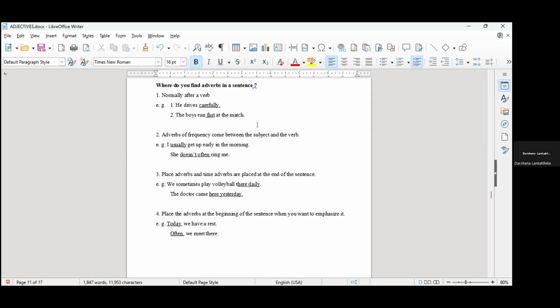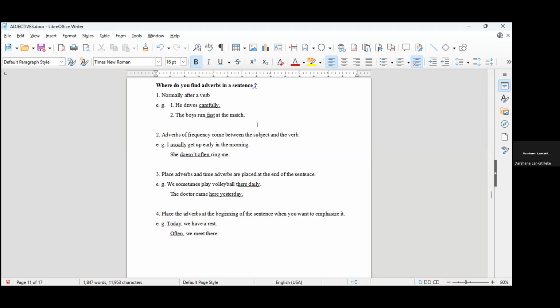Now, you can use daily alone also, right? We can say, we sometimes play volleyball there. So we can end the sentence at there also, which describes the place. And we can say, we sometimes play volleyball daily. Without using the two adverbs, you can use one also, and we can use both also, no problem, right?